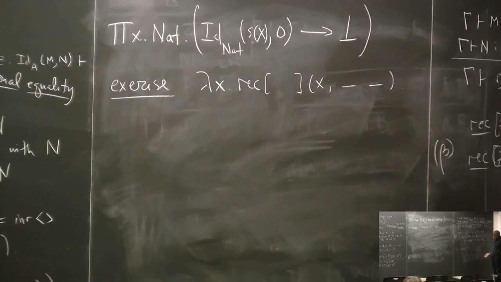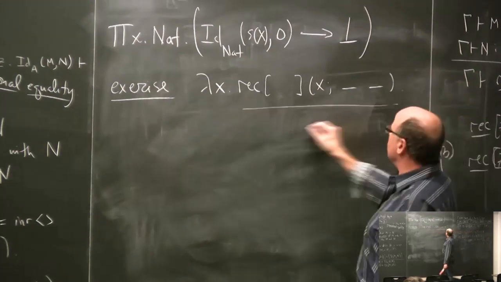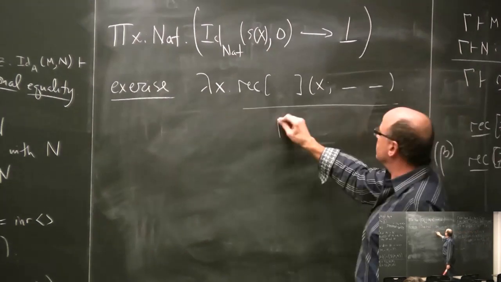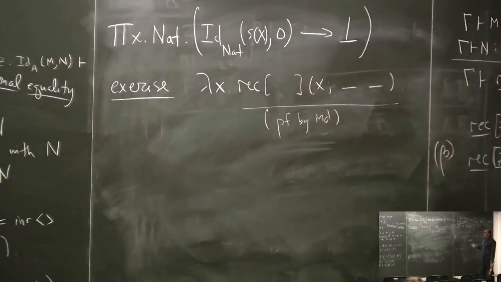And the point is, obviously, it's a proof by induction, and this recursor is the proof by induction. So from a programming point of view, the proof by induction is the primitive recursive function. That was the whole point of Gödel's T, to give an interpretation of Peano arithmetic in terms of computation via these recursors. That was what he was doing.